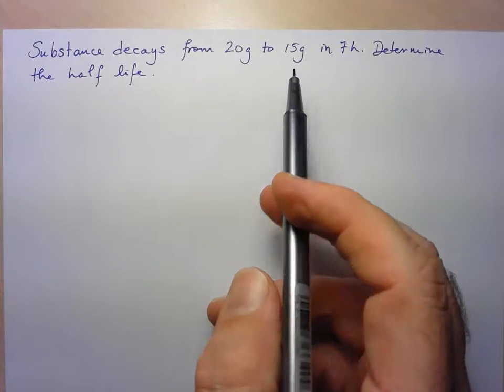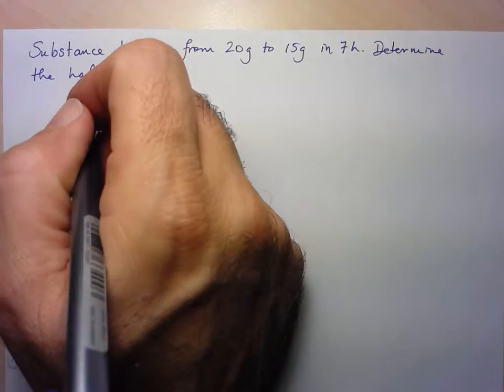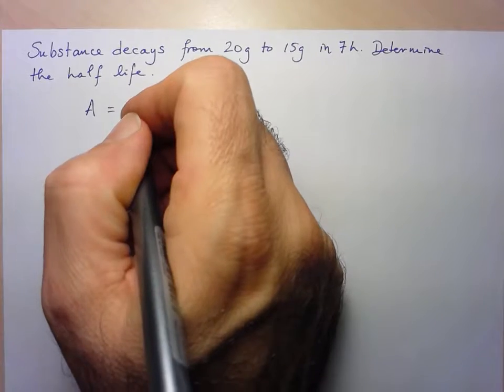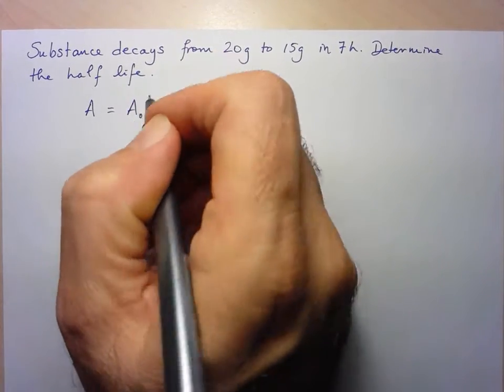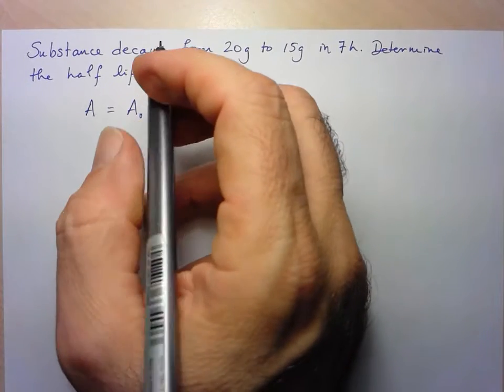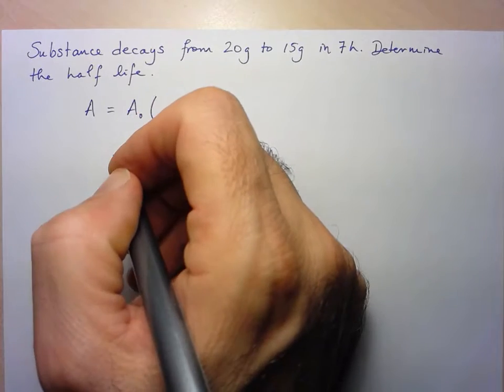Okay, so first thing is to remember what a half-life model looks like. If A is the amount of material, that's going to be equal to the initial amount, and we work with time periods for which the substance decays to half of its previous value.